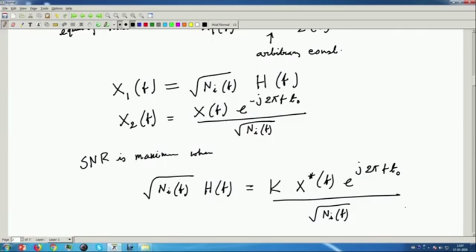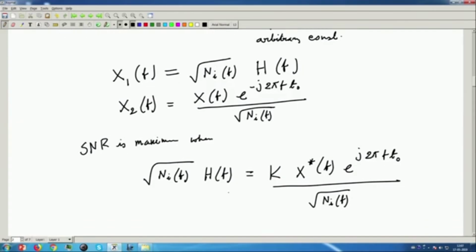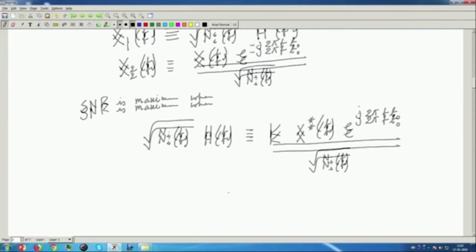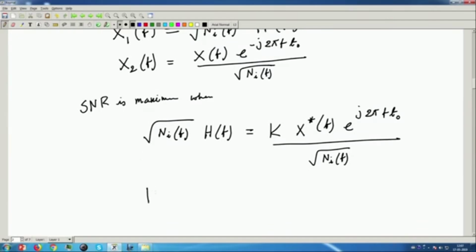From this we get the famous relation by which H(f) gets determined.